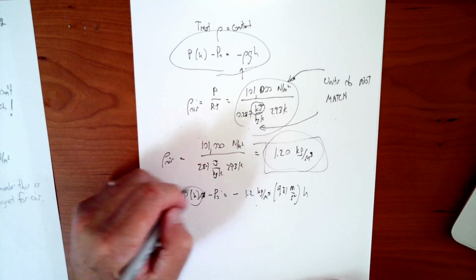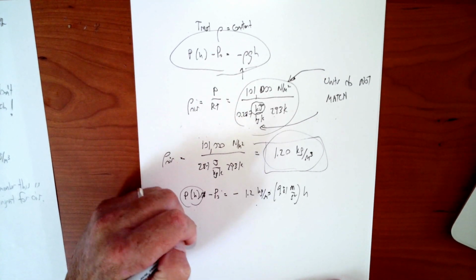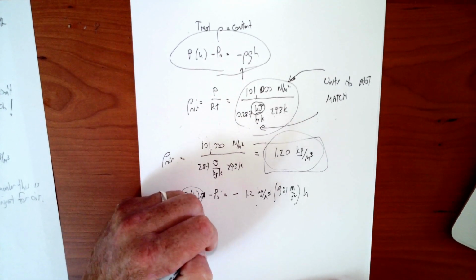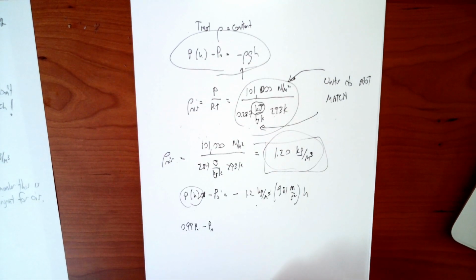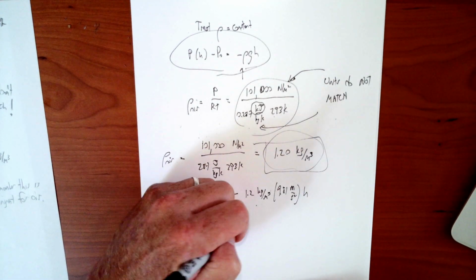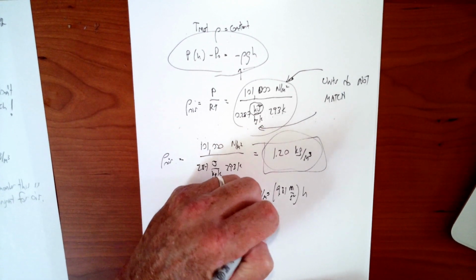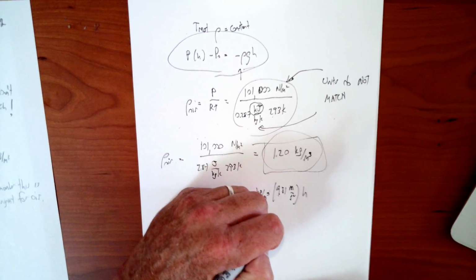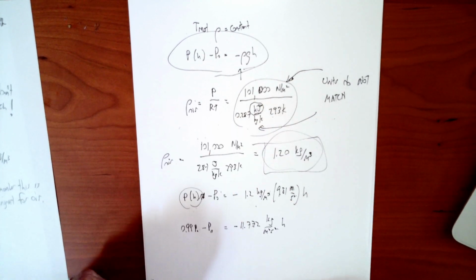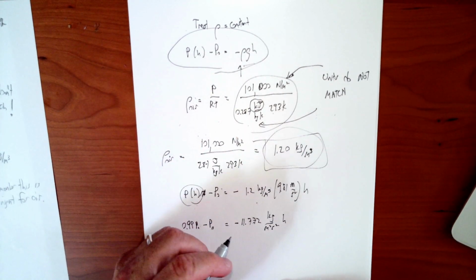The pressure that I'm looking for is 0.99 P naught. So I have 0.99 P naught equals P naught minus 11.772 kilograms per meter squared second squared times H. Then I can divide out the P naught.